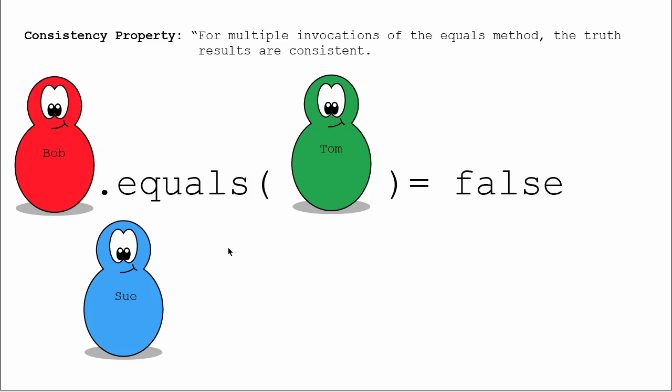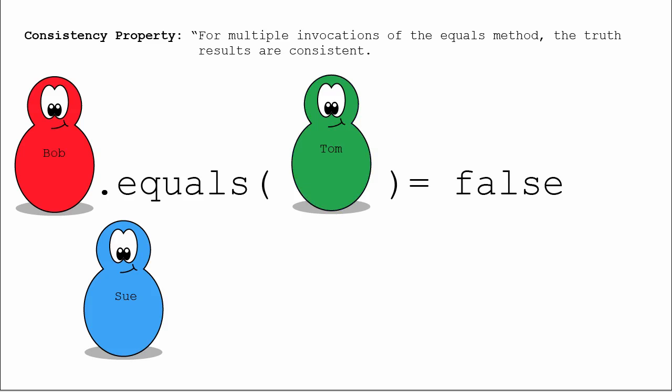Now that doesn't mean that Tom can't change value, but what that means is no matter how many times you invoke the equals method consistently within a line of code, it should be consistent with the truth value that it returns. We are assuming something very special here though.